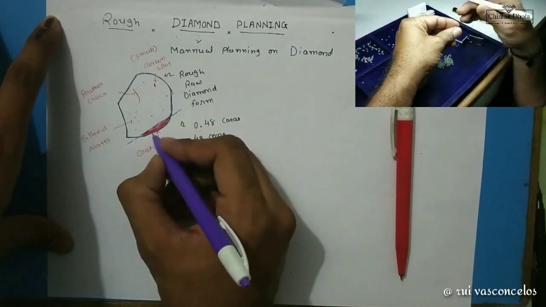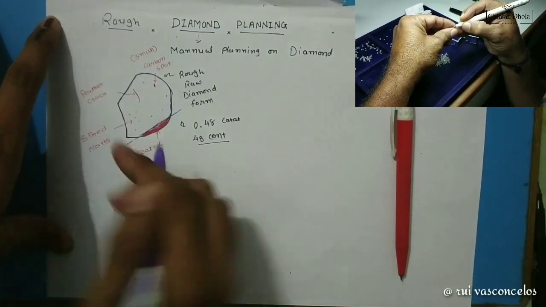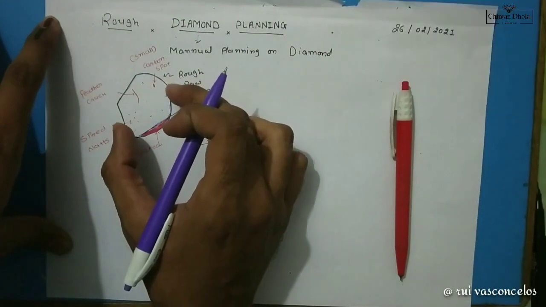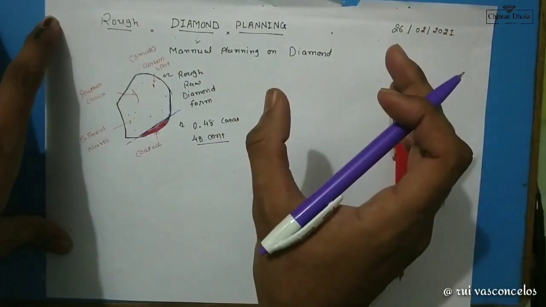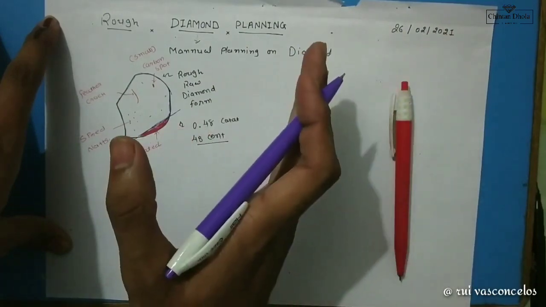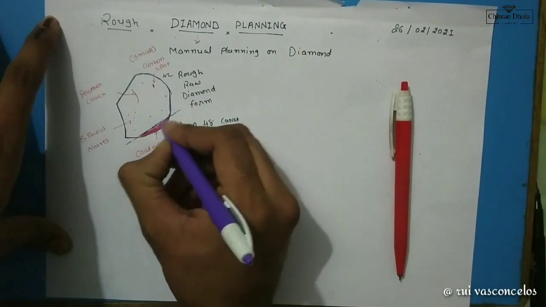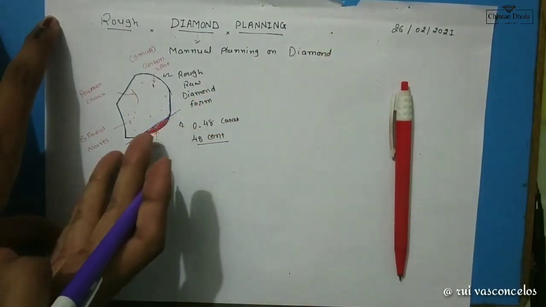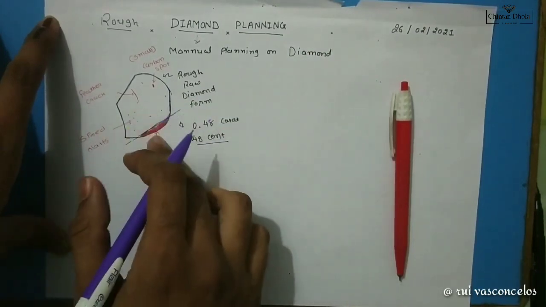This coated part is removed by the laser sawing process, because we have to do marking on it. After that, we give this diamond to our laser sawing department, and they will cut it out from where you did your marking. They will put some laser on it, and after that it will be removed. This is a totally technical process.